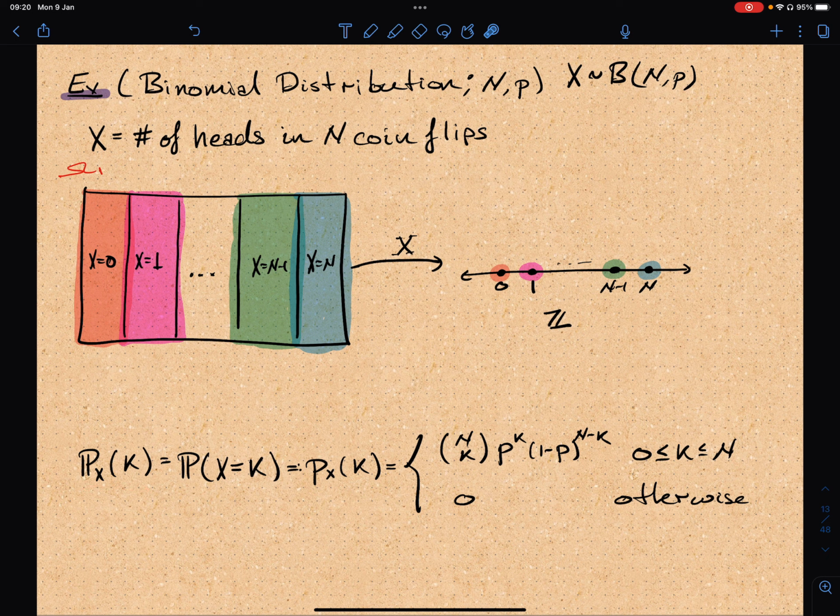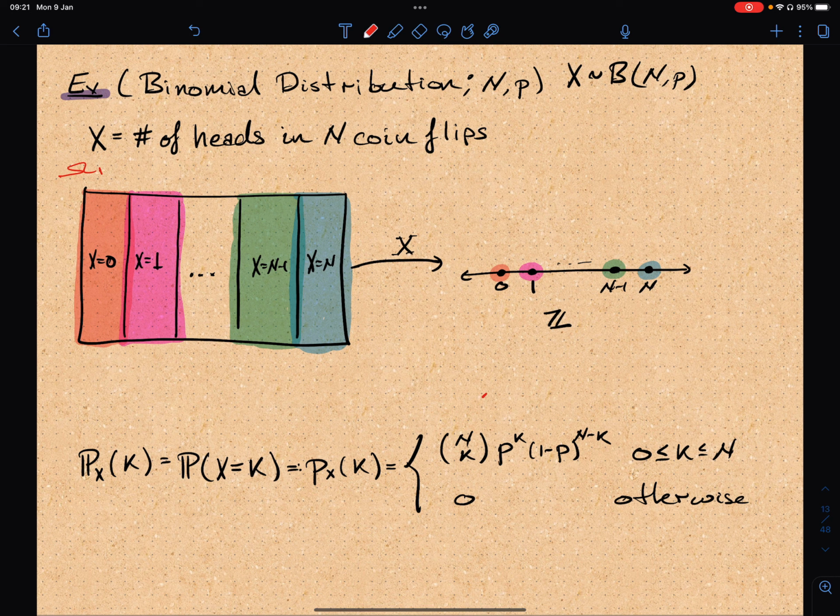Then the induced probability function, or the distribution here, is actually going to be defined by this formula, which is n choose k, p to the k times 1 minus p to the n minus k, where k is between 0 and n, which is the possible number of heads. And otherwise, it's going to be 0.